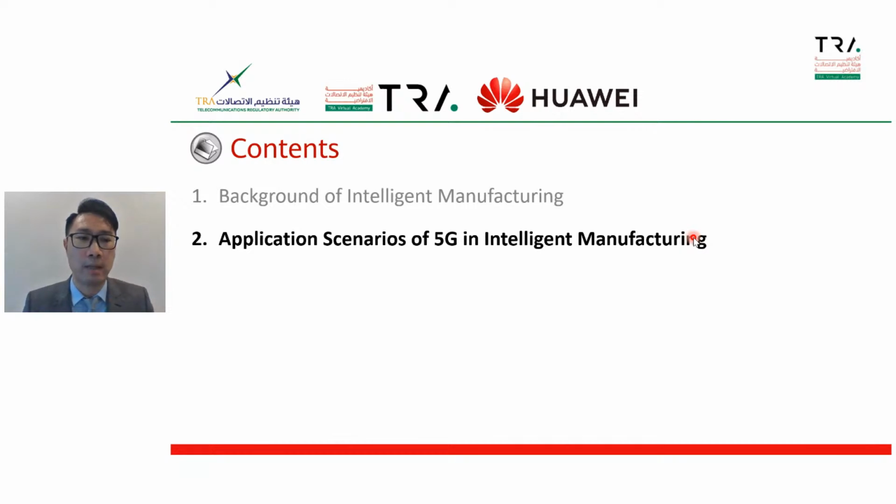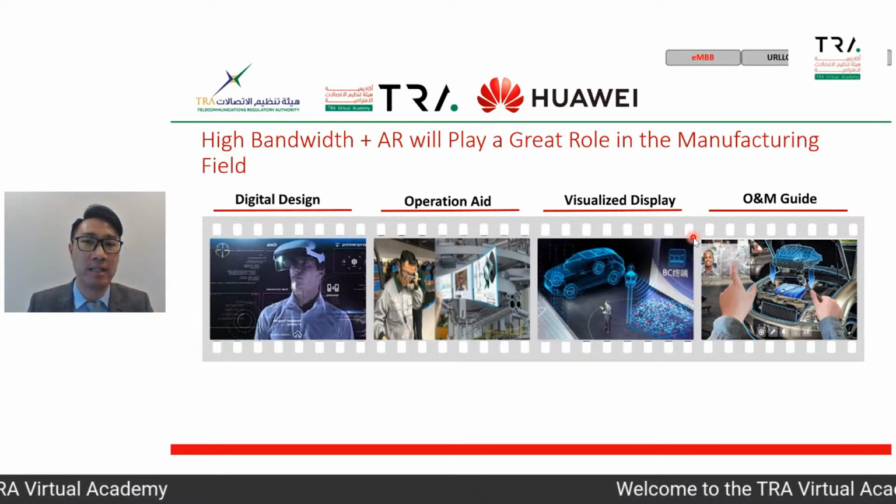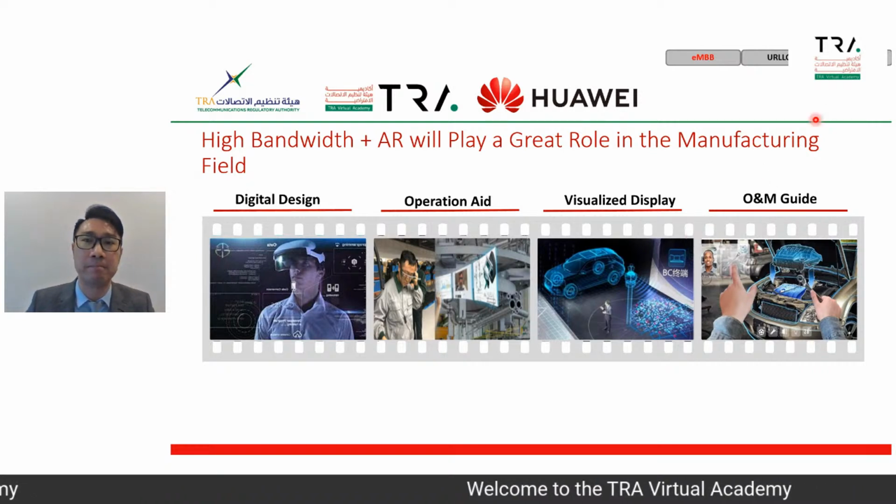Okay, so I hope these two videos will let you have a brief idea of the application scenario of 5G in intelligent manufacturing. So basically, we can conclude the services into three categories.